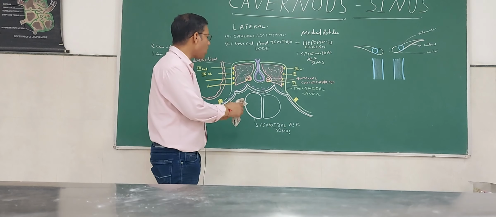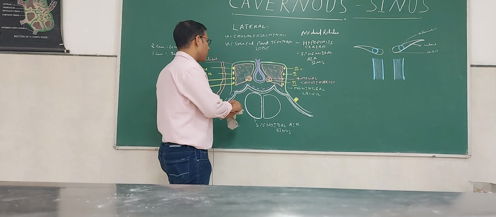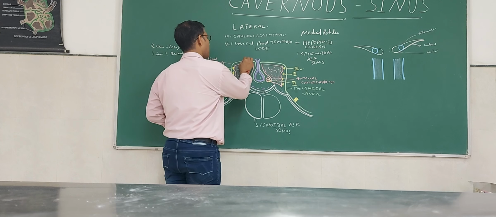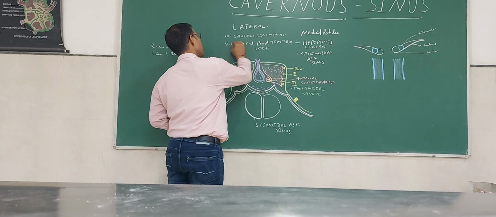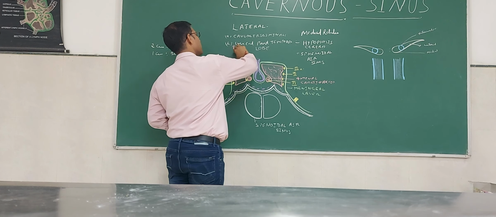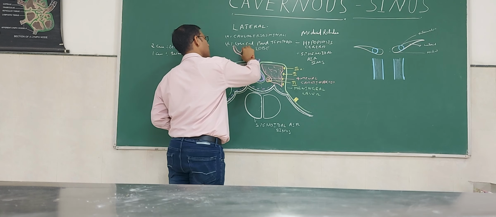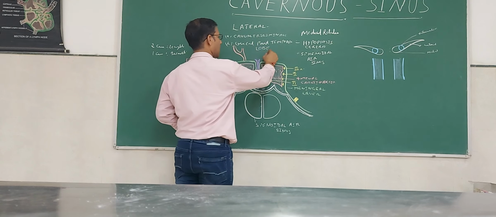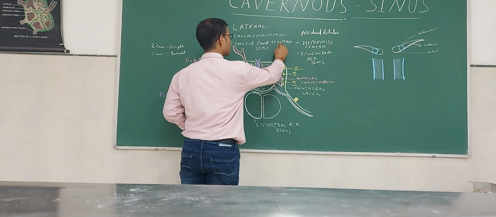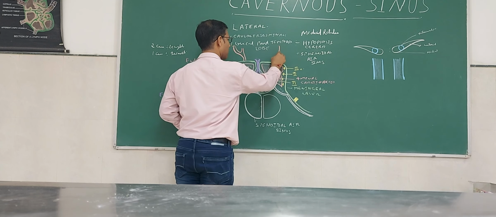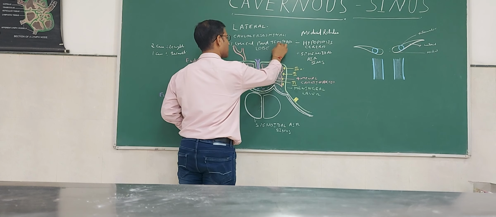But what about above and below? If I am talking about above, there is a looping of the internal carotid artery, and after the looping it is present in this area. So this is the internal carotid artery, and looping of the internal carotid artery is present there.